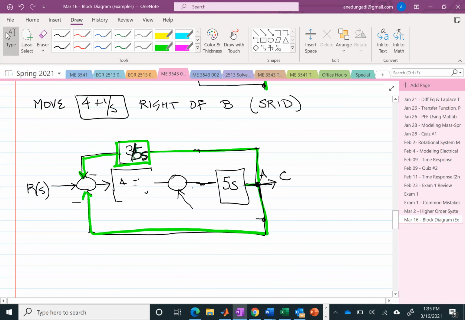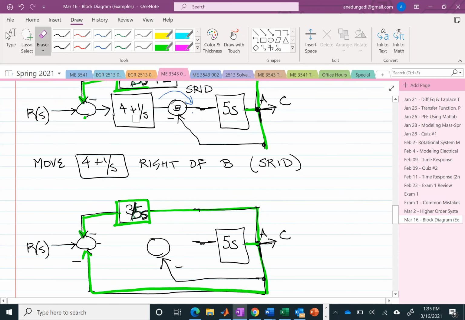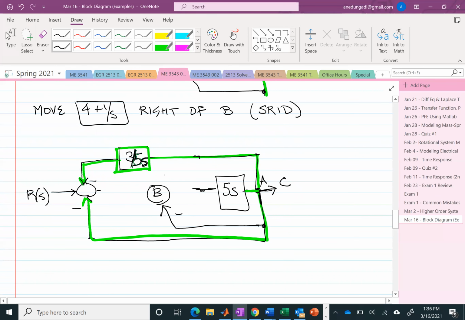So this will go away, and then this will, let me make this a little different here. So this is the same summation block, minus. And now I have moved 4 plus 1 over S to the right of B. This is still B, right?